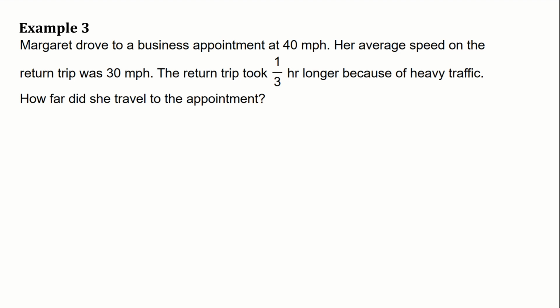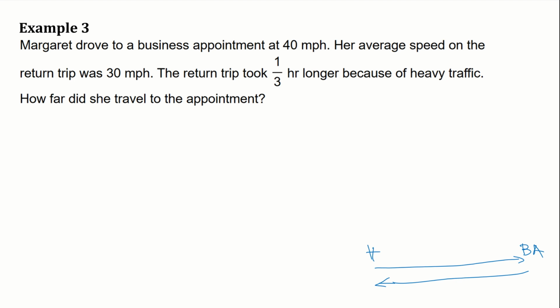In our effort to understand this, first of all, we note that she's going from home to work, or a business appointment, like this. And then she's coming back the same route, basically, so the distances are going to be the same.